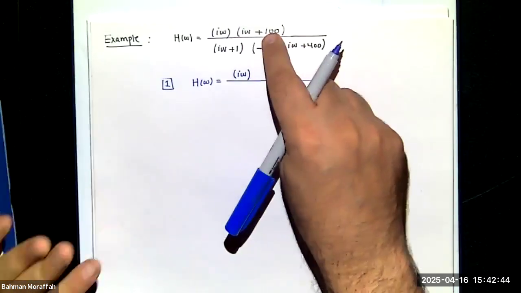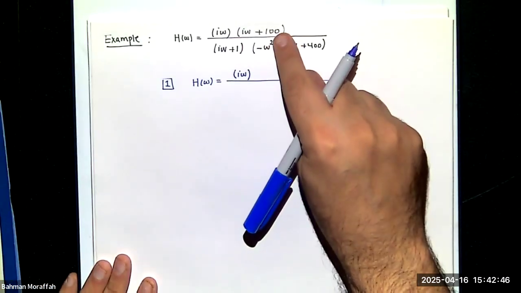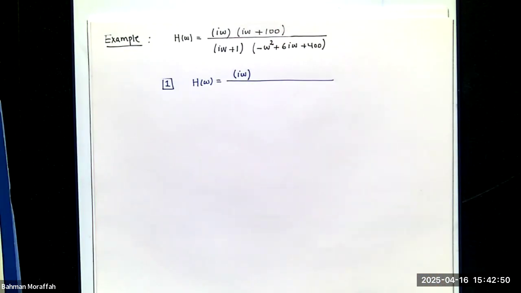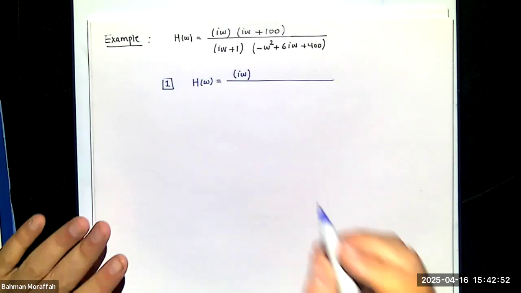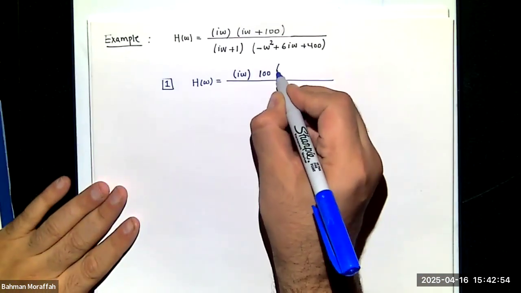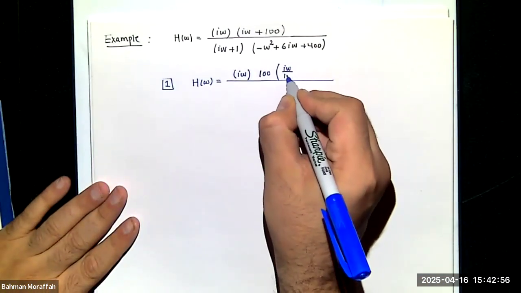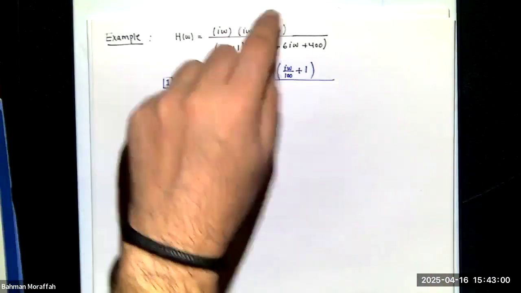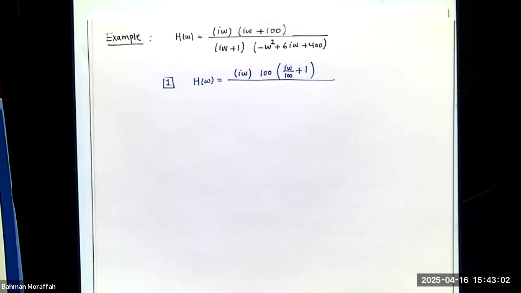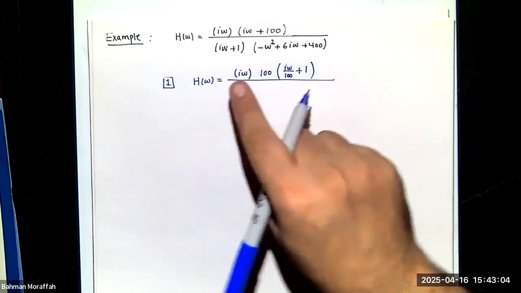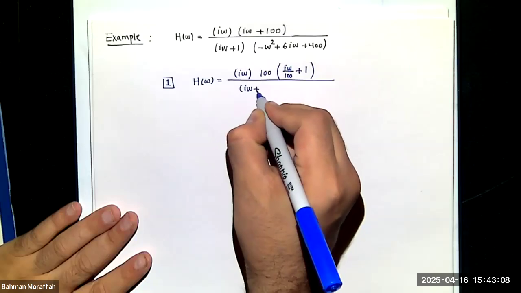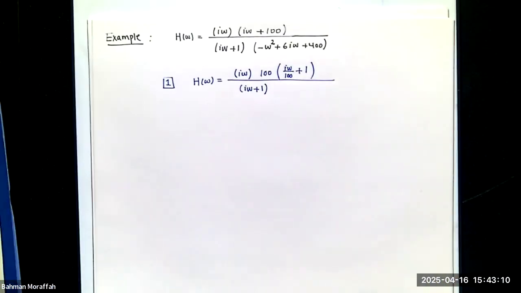How about this one? I want to make sure the constant here is 1. So what I need to do is to factor out that 100. So if I do that, I have this 100 times (j omega divided by 100 plus 1). This is exactly this function. I just need to distribute that 100 in there. This j omega plus 1 is exactly the way I want. I don't have to do anything.